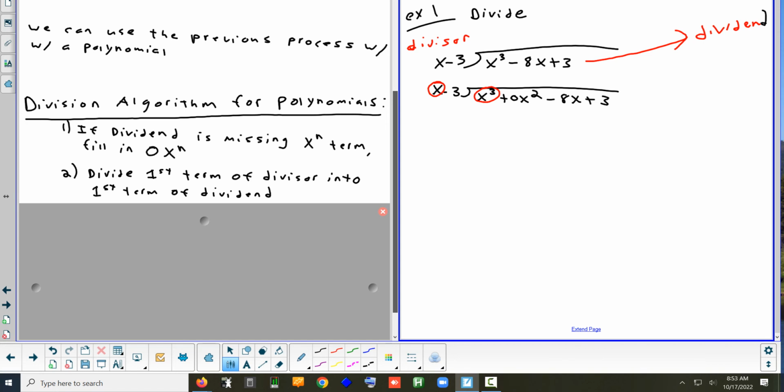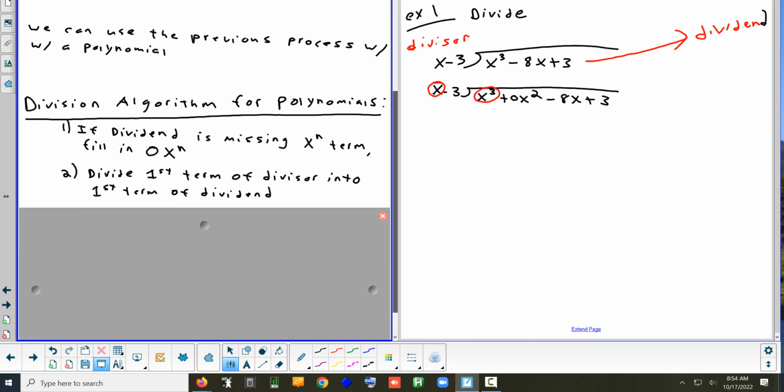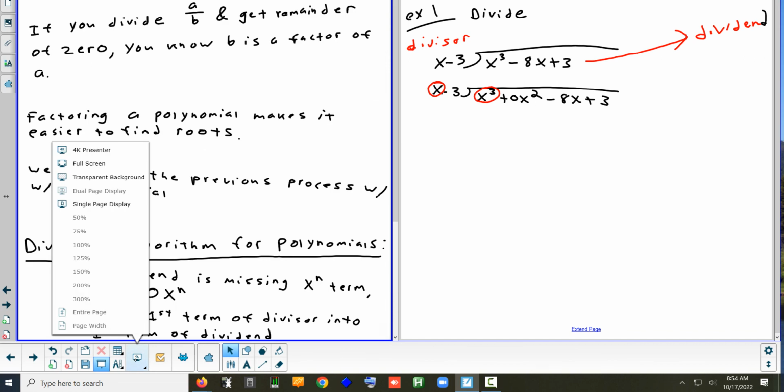So we're going to divide x into x cubed. So I'll make that a little bit bigger so we can do that stuff. So divide the first term of the divisor into the first term of the dividend.